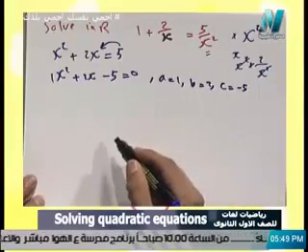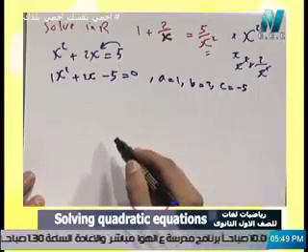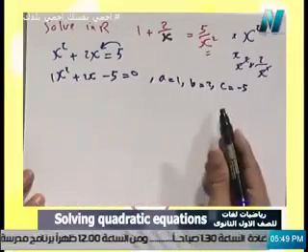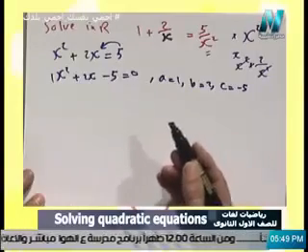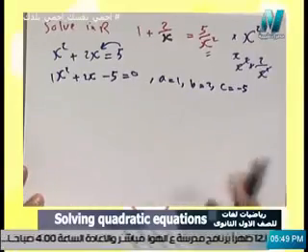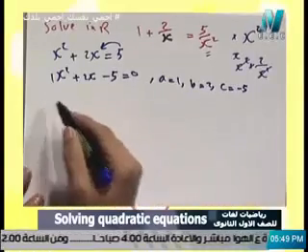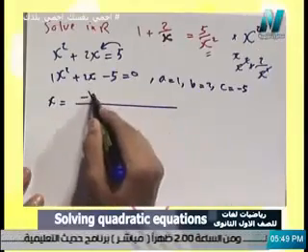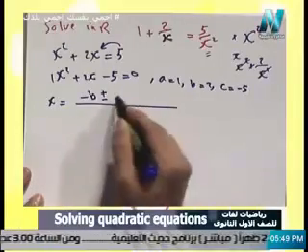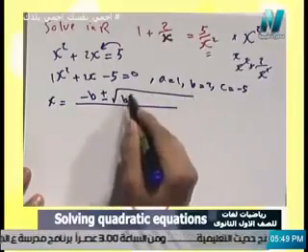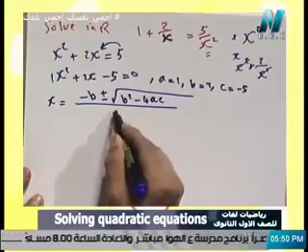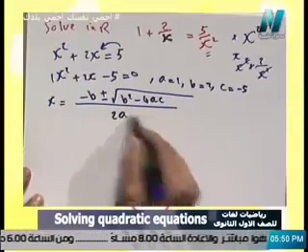Okay, if we try to solve it by factorization, the method fails. So we will use directly the formula x equals negative b, keep with me, plus or minus square root of b power 2 minus 4ac over 2a.